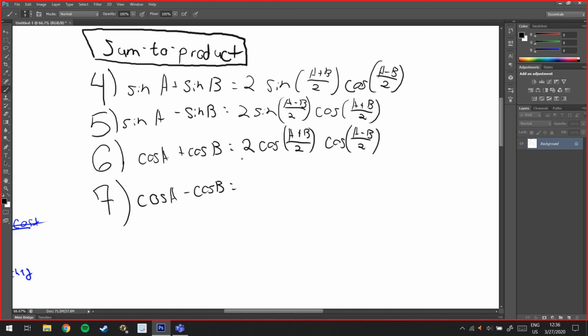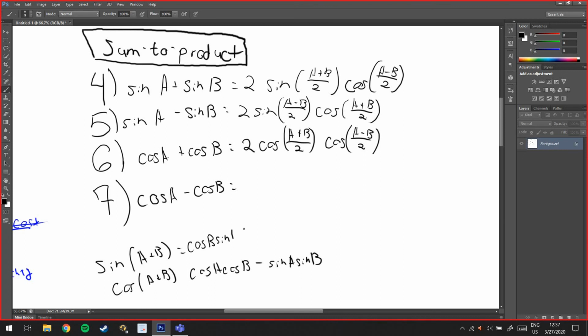Or even with the sum identities, let me write this down here, sine of A plus B does not take the same form as cosine of A plus B. Cosine was cosine A cosine B minus sine A sine B, whereas the sine was cosine B sine A plus cosine A sine B. So they'll look different depending on what you have.